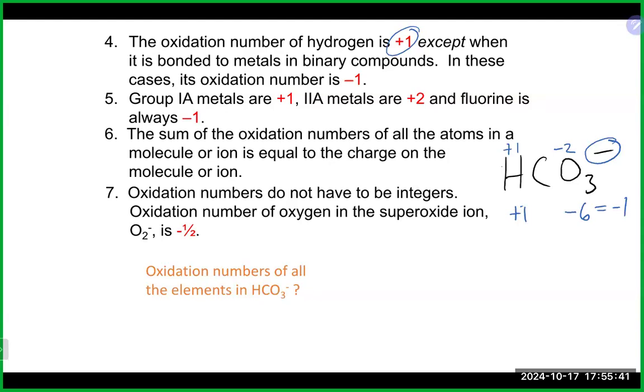And in this particular case, we now have +1 and -6 is going to be a -5, which means my carbon in this case should be what to get me to -1? So if I have a -5 right now, what do I need to add to it to get to a -1? +4. Yeah, if I do a +4 there, +4 -5 equals -1. Everybody is good in this case, yeah?